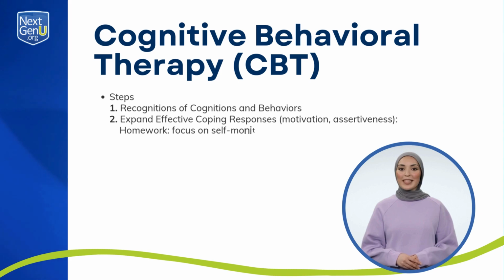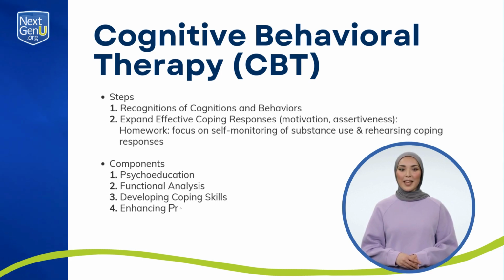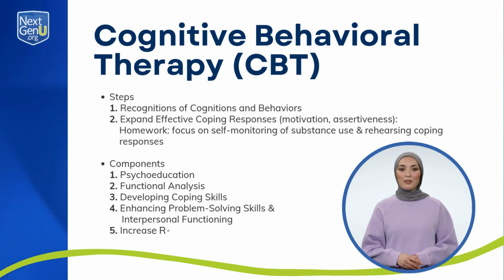At times, homework is even given focusing on self-monitoring of substance use and rehearsing coping responses. Components of CBT include psychoeducation, functional analysis, developing coping skills, enhancing problem-solving skills and interpersonal functioning, and increasing recovery-focused activities.